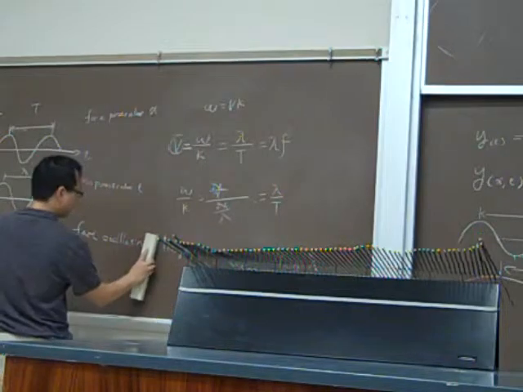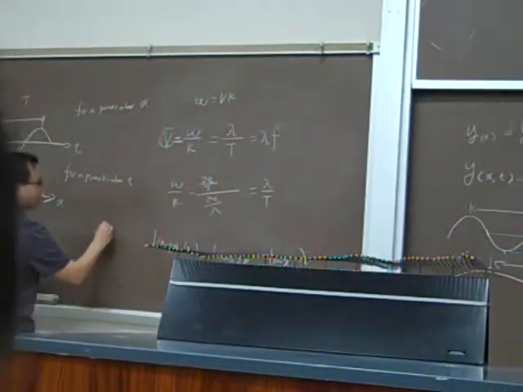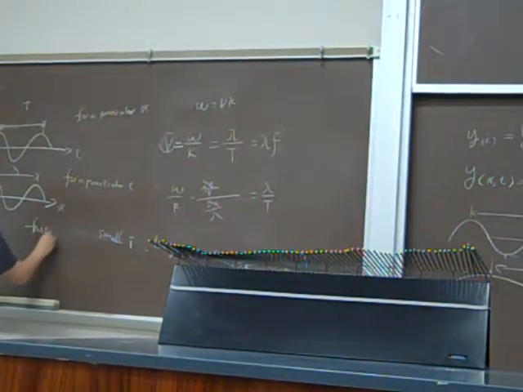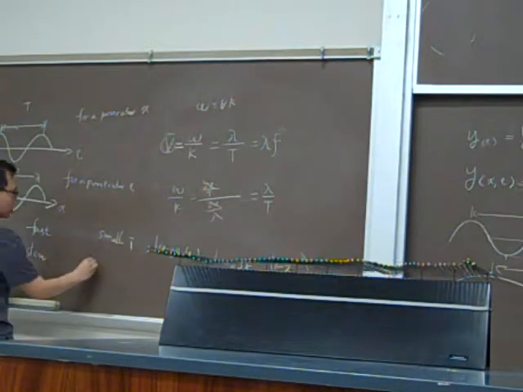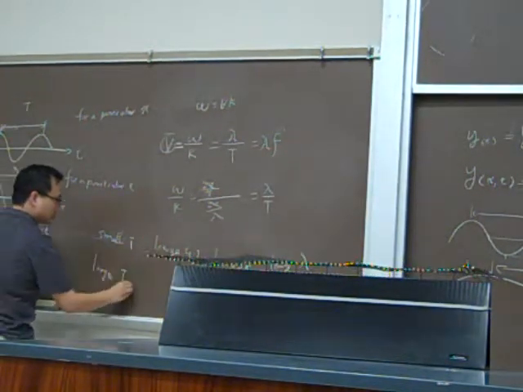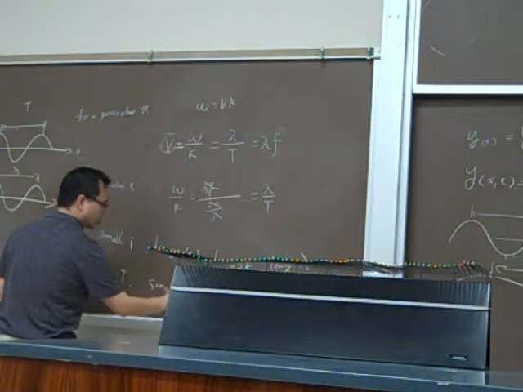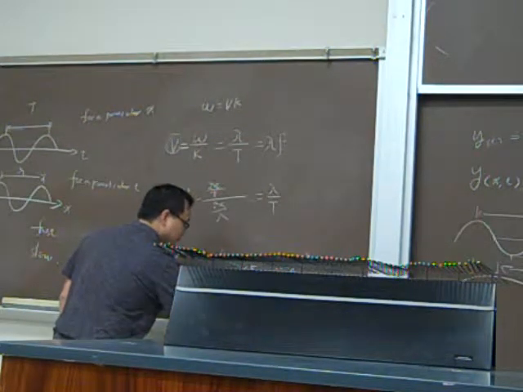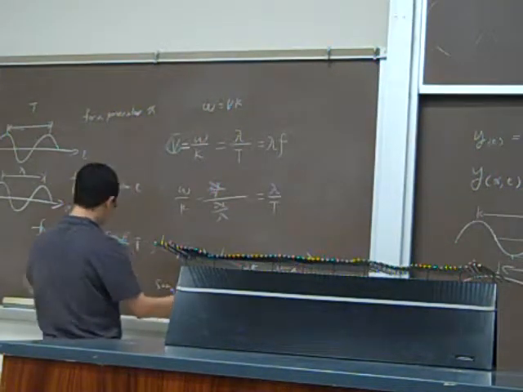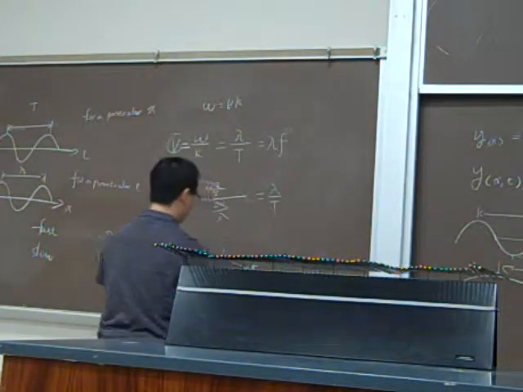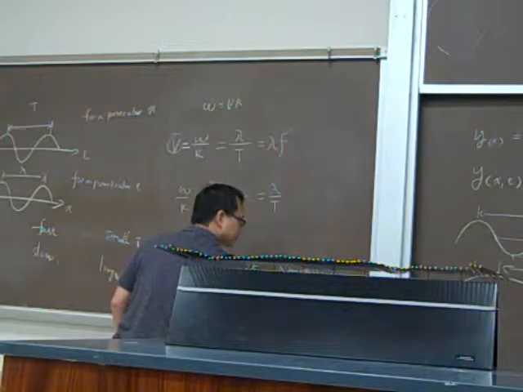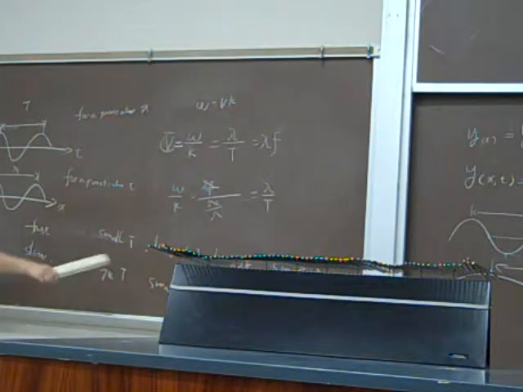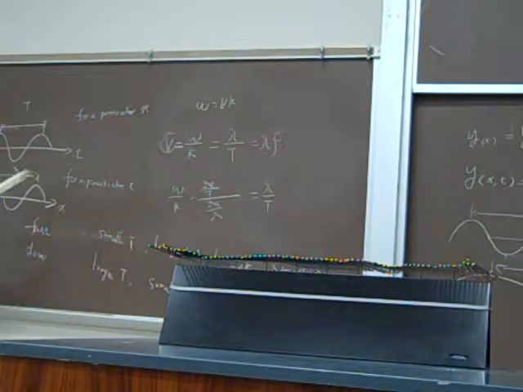On the other hand, large omega also means small T. This is fast oscillation. For slow oscillation, you have large T, small omega, small k, and large lambda. Please note these relationships; they are derived from these equations.